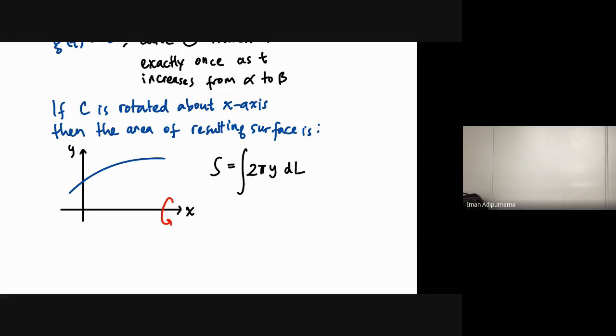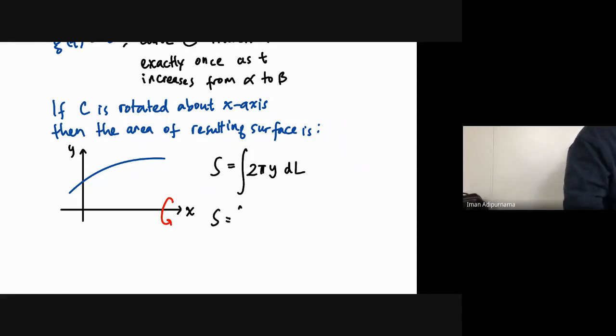In parametric, we can go to the parametric formula. So basically, the surface area depends on what we have calculated in arc length.